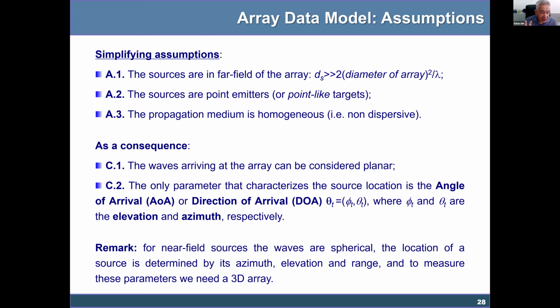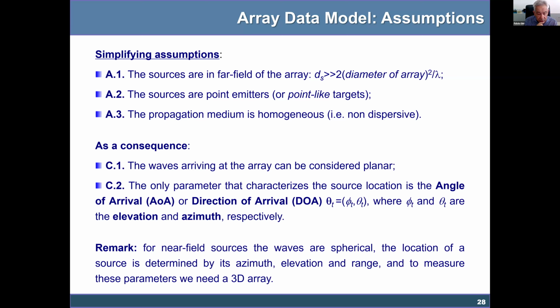So why are these three assumptions useful? Because as a consequence of these assumptions, we can consider the waves impinging on the array as planar waves. And this simplifies the model a lot.